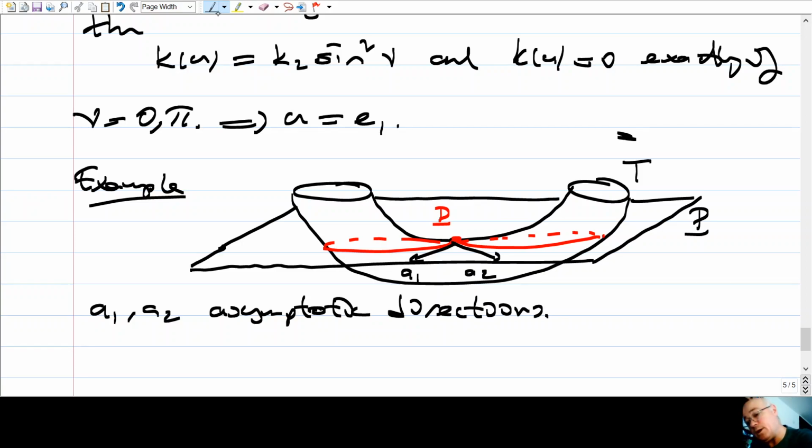What are the principal directions or principal curves? Principal curves are these. In this case, one of them is this curve. Maybe I should choose a different color.